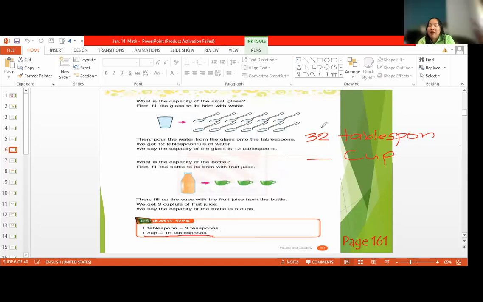I gave you already 32 tablespoons. 2 cups. Why 2 cups? Divide by 16. 32 divided by 16, that is 2.